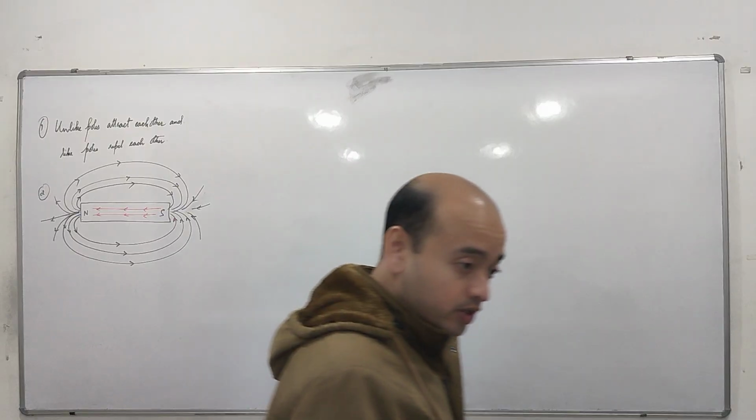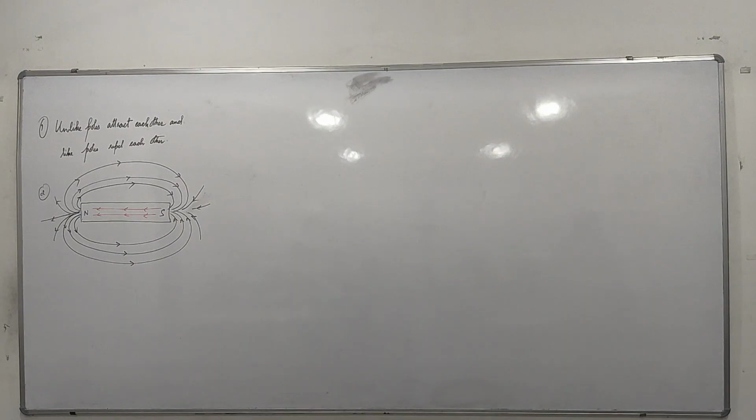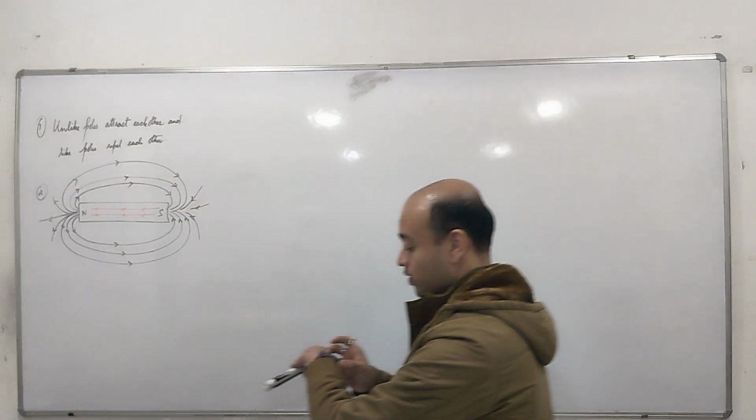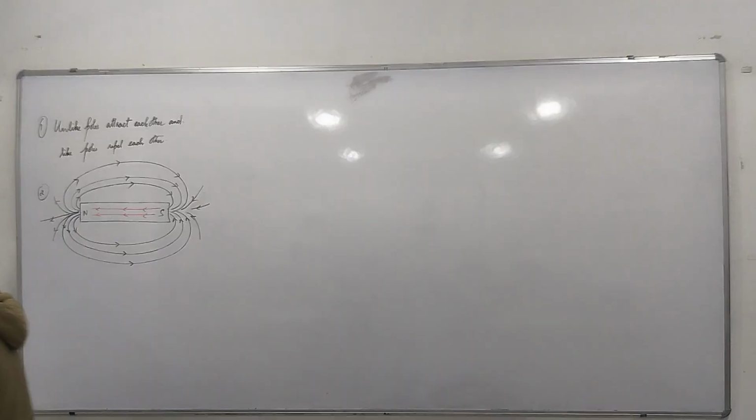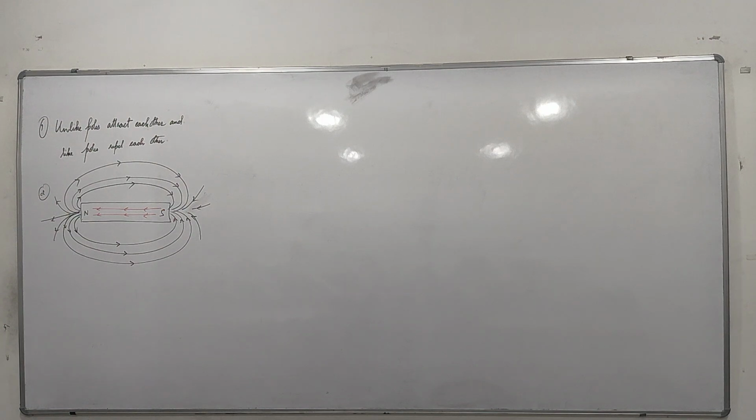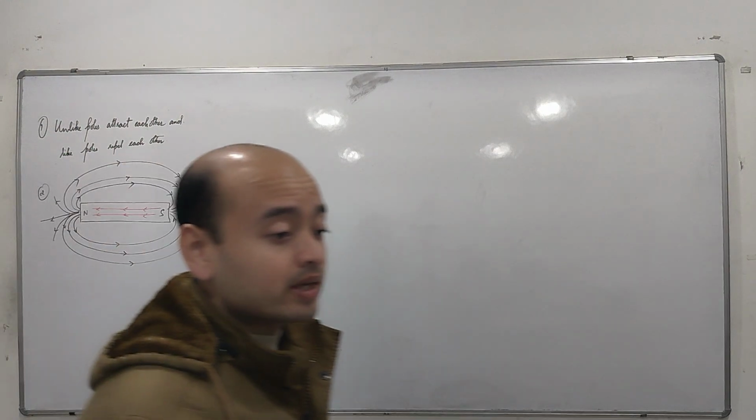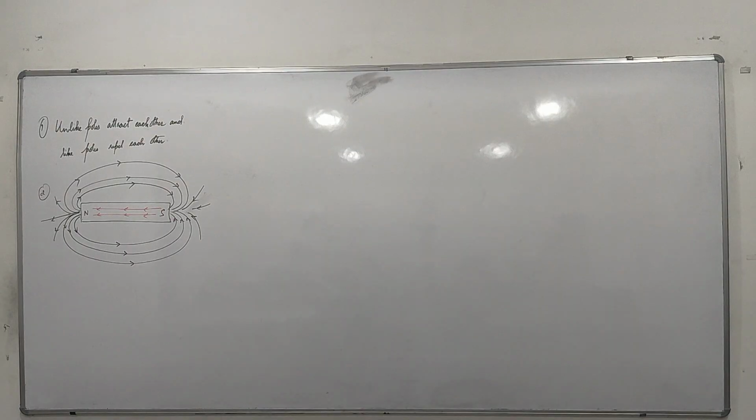Change the paragraph. Usually as we move away from the magnet, the density of the magnetic field lines decreases.